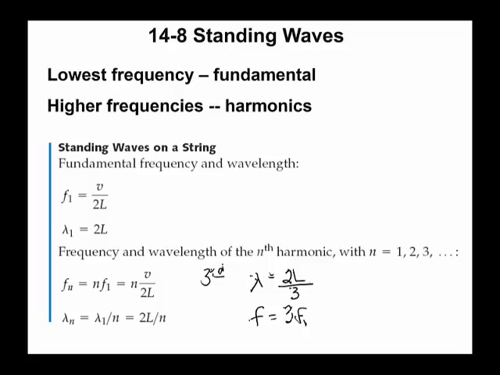So the frequency of the 3rd harmonic would be 3 times the fundamental frequency. And then we know that the wavelength is 2L divided by the harmonic. So if I had the 7th harmonic, the wavelength is always 2L divided by the harmonic, in this case 7. And then the frequency of the 7th harmonic would be 7 times the fundamental frequency.